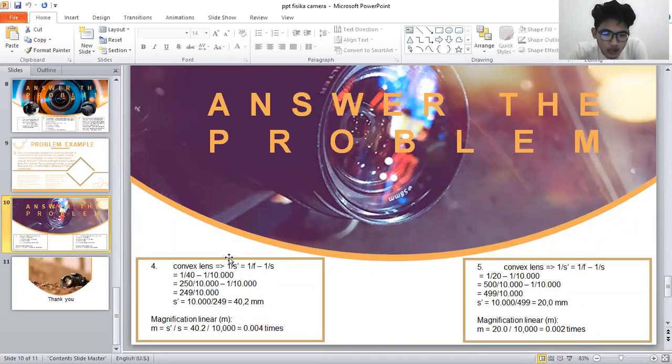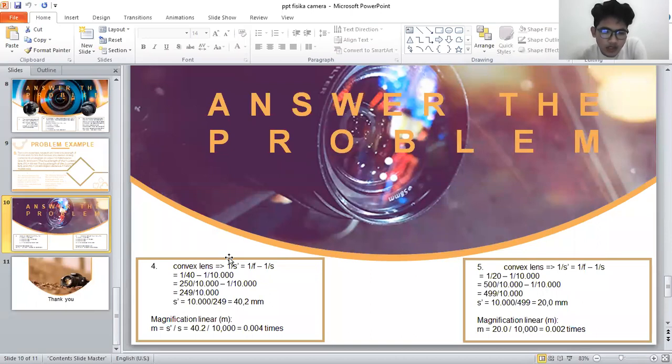S equals 10,000 per 249 equals 40.2 millimeter.